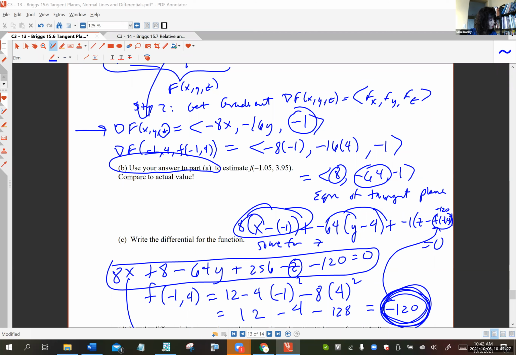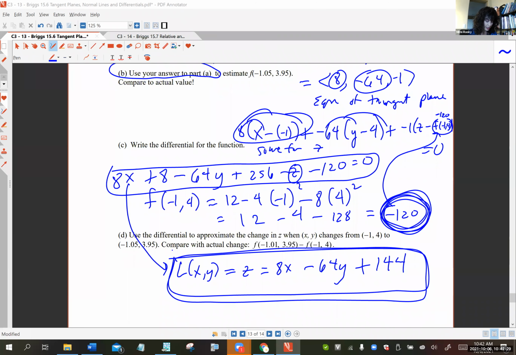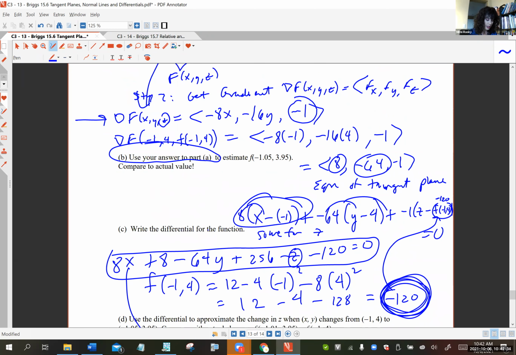I'm going to use my linear approximating function to help me answer part B. I'm going to estimate F evaluated at negative 1.05, 3.95. After we get the approximation, we're going to compare to the actual value and see how good our approximating function is. Anytime you have an approximation, you always want to see how good it is, see if it's worth it.